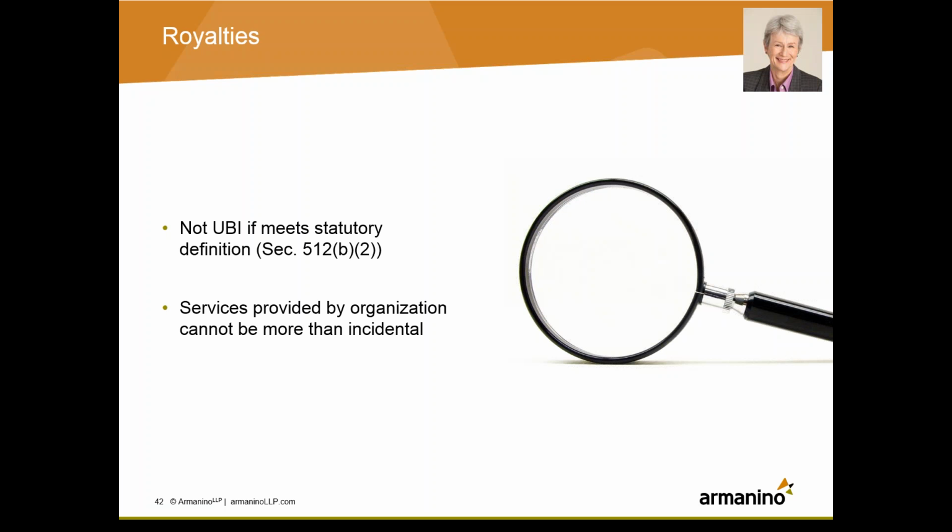Where you can get into trouble is if you start performing services in exchange for that payment along with the royalty. So if you're considering licensing your name to an outside party, just have the contract reviewed so that you're not performing too much service, because then it changes from a royalty to a trade or business.